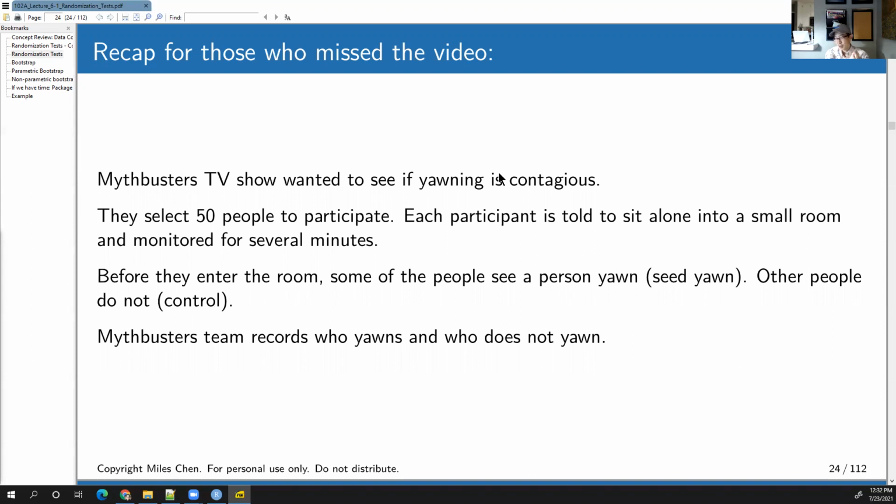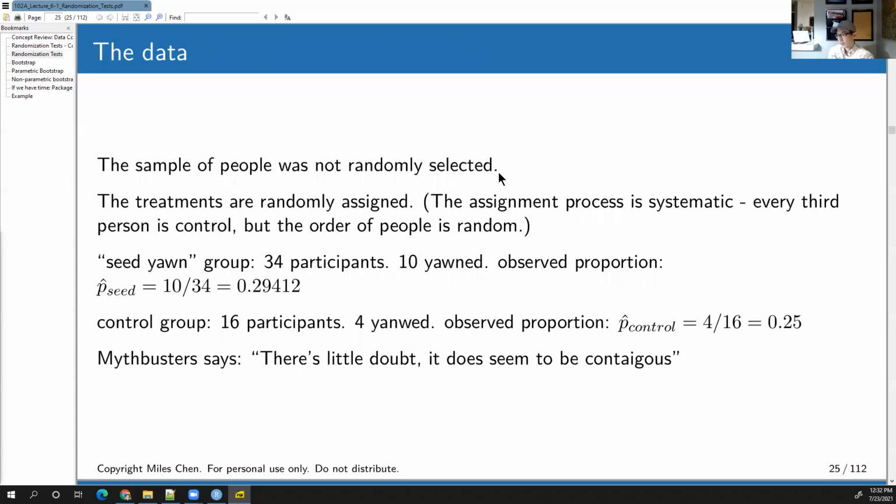When she yawned in front of them, that would be the seed yawn, and if she did not yawn in front of them, that would be the control case. The question was, are people who see her yawn more likely to yawn while sitting in that room? The Mythbusters team recorded who yawned and who didn't.